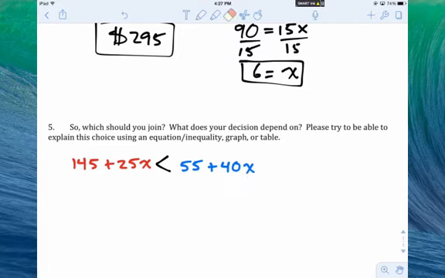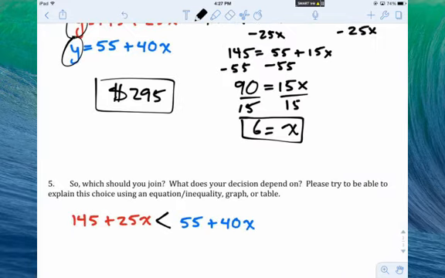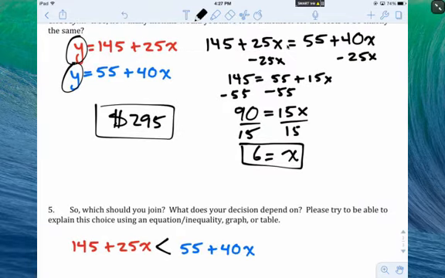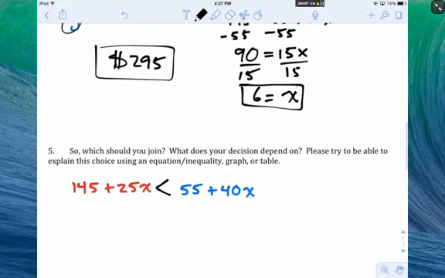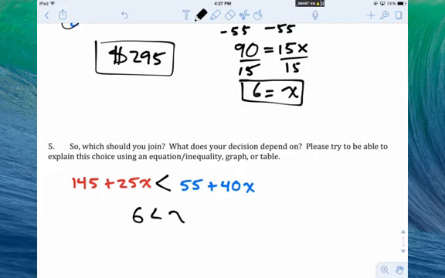And the calculations we do are going to be exactly the same as the calculations we did right here. We're going to subtract 25x, we're going to divide by 15, and what you end up with is that if 6 is less than x, you should do Average Joe's.